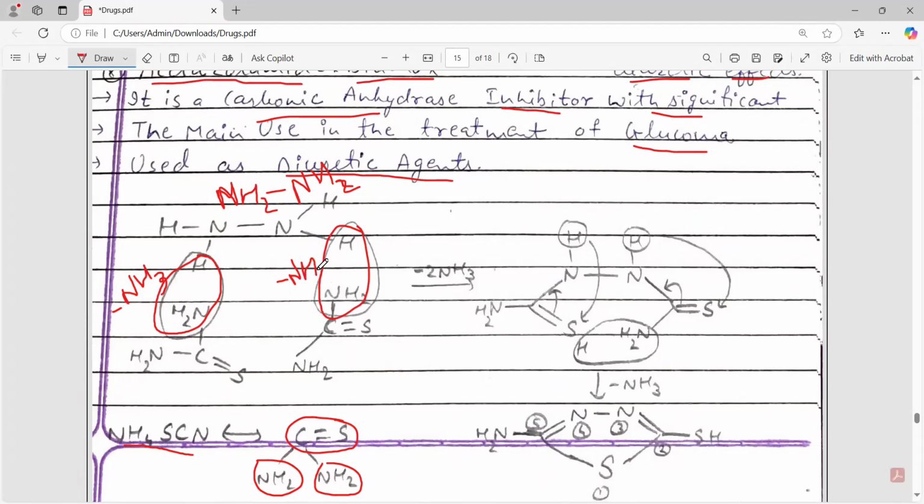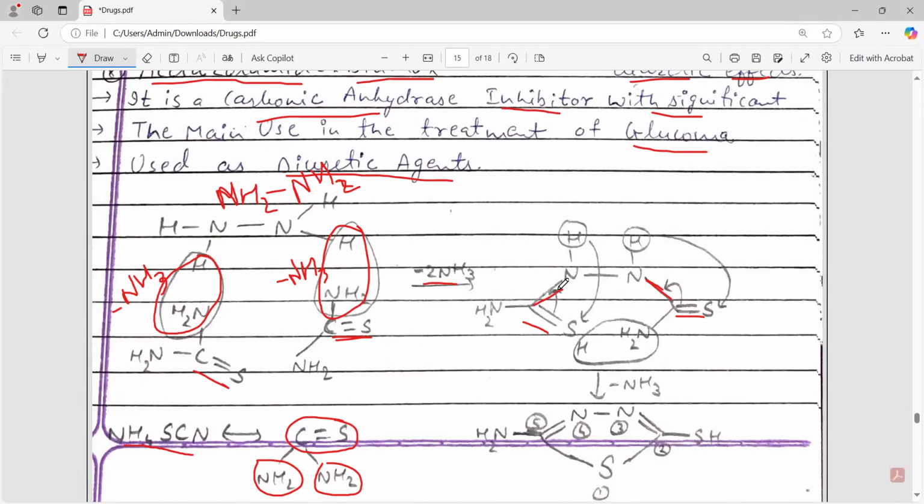So basically 2 moles of ammonia will be removed, and here this C double bond S is directly attached to this nitrogen atom. In the same manner, this other C double bond S is directly attached to its nitrogen atom.